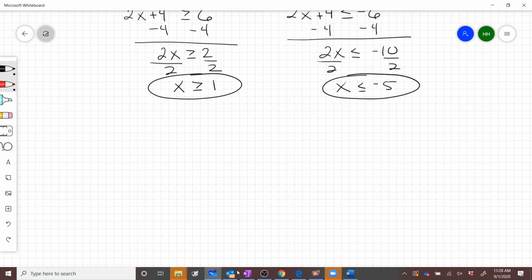So be careful when you graph again. The negative 5, 0, and the 1 on the number line. Right here, we're greater than or equal to the positive 1, so we're closed. We're going this way now.